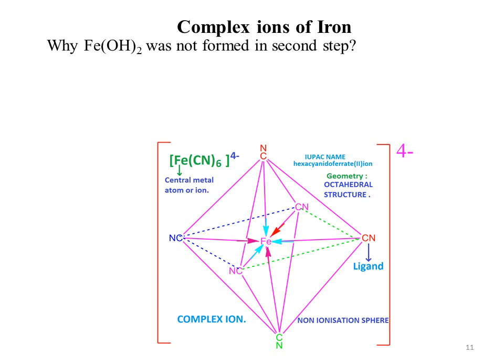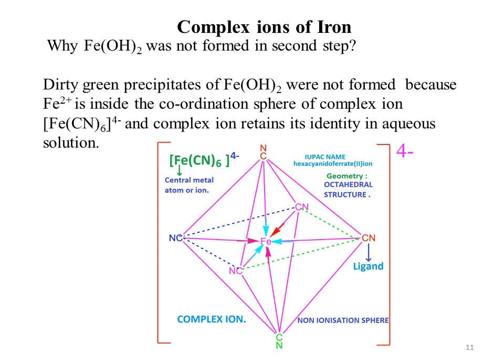Here you can see hexacyanoferrate 2 ion inside the coordination sphere. The octahedral geometry is seen. Dirty green precipitate of ferrous hydroxide was not formed in this compound because ferrous here is inside the coordination sphere, and the complex ion retains its identity in the aqueous solution.